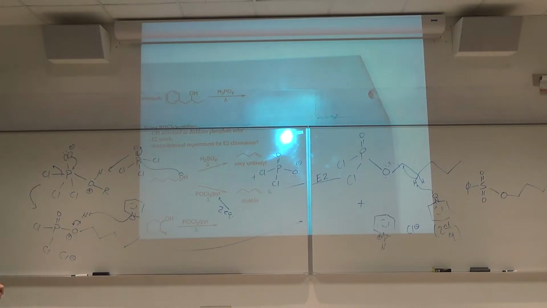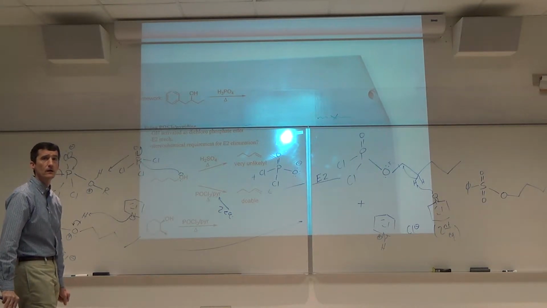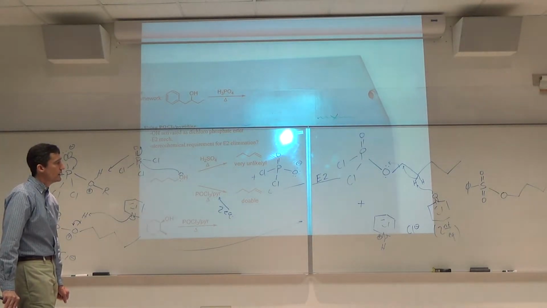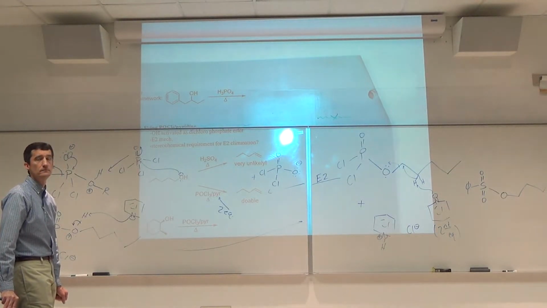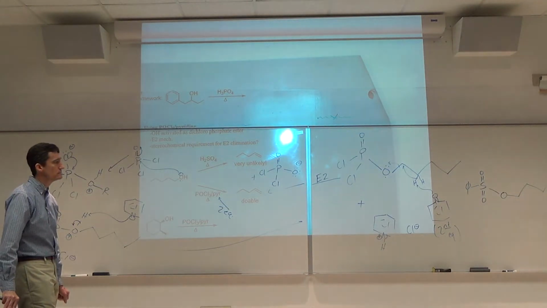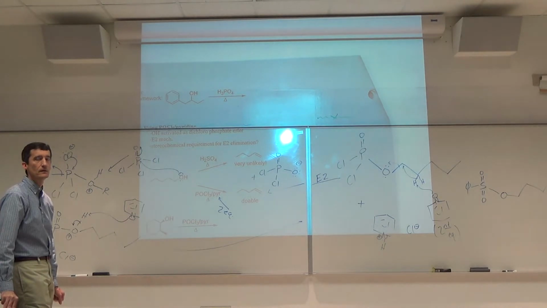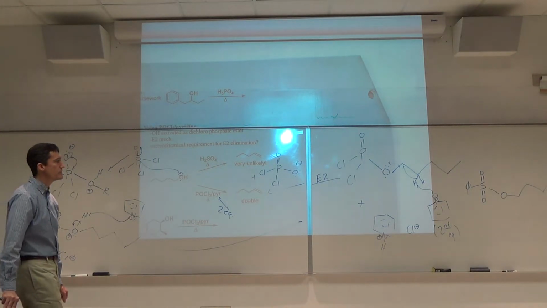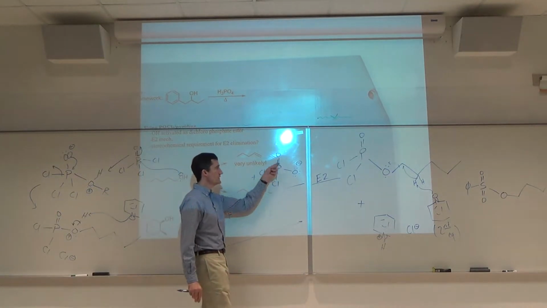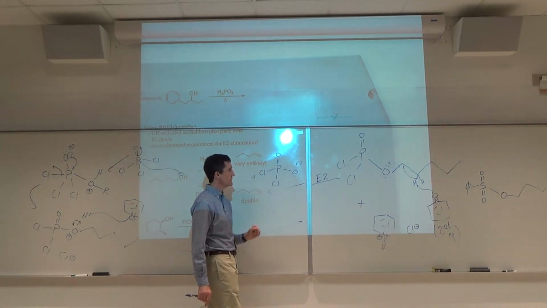Larry? With the secondary products here, the PO2Cl2 with the negative sign, and the pyridine with the positive charge, would the negative oxygen attack the positive hydrogen? No, this is pretty stable. I mean, this is going to remain ionized.